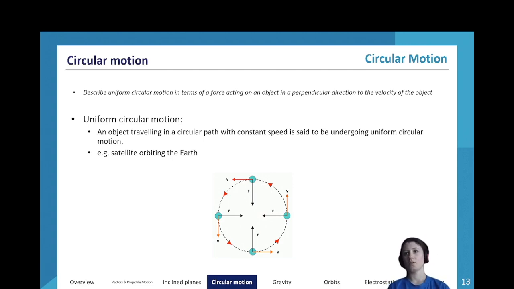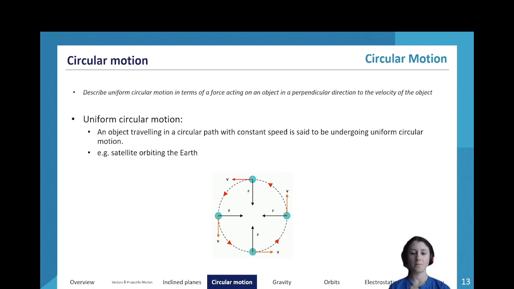So, these are really important principles that you need to remember. The velocity always acts tangentially to the motion. The centripetal force, which is what we call it, acts directly towards the center of motion.